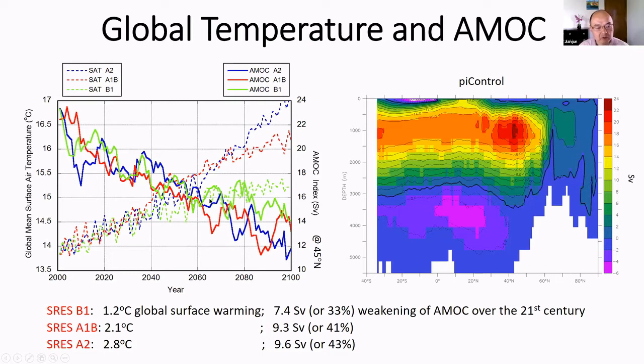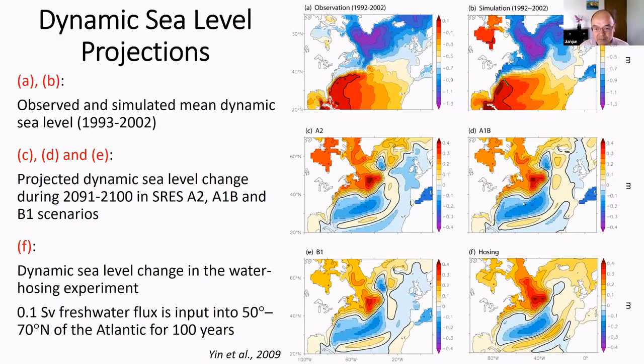This is mainly due to the ocean surface heating, which makes the ocean more stratified. By the end of this century, the weakening of the AMOC ranges from 30% to 40% in the 3 emission scenarios. This weakening is responsible for the dynamic sea level change pattern.